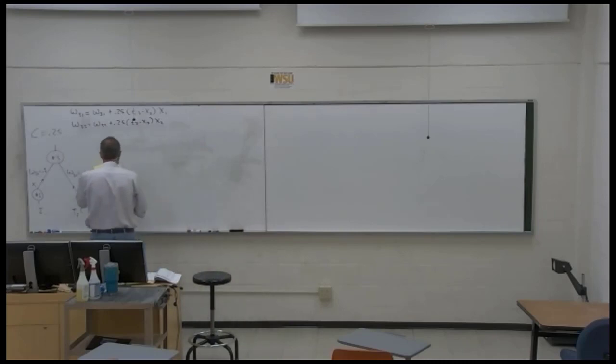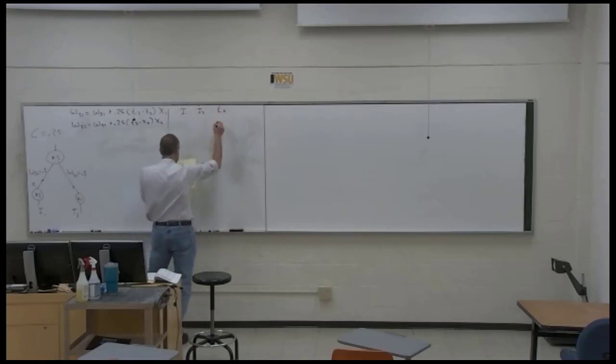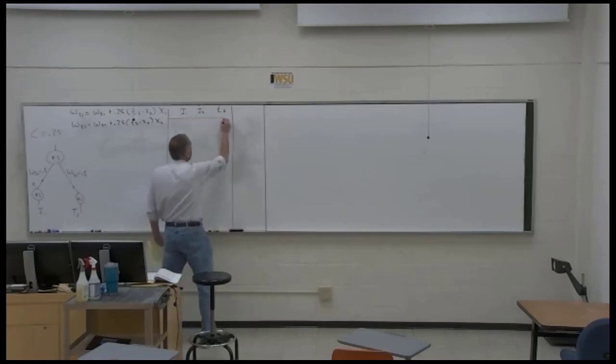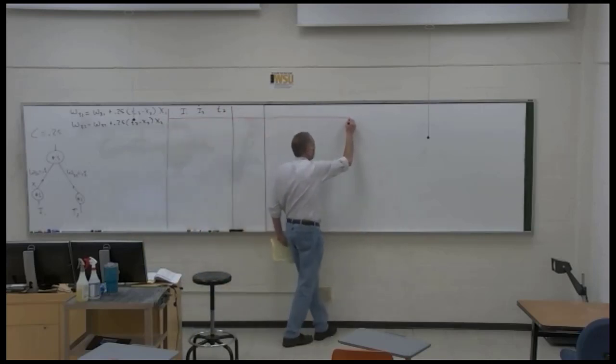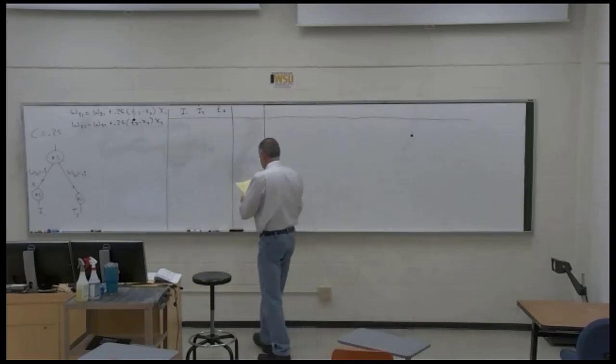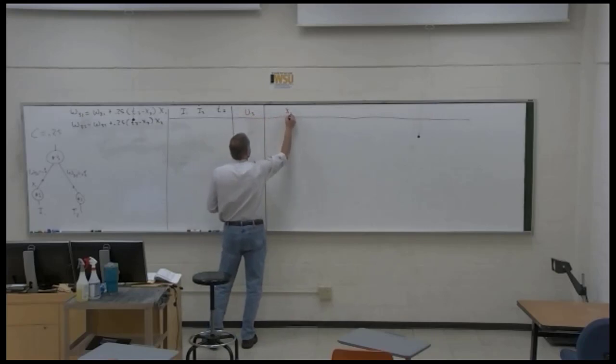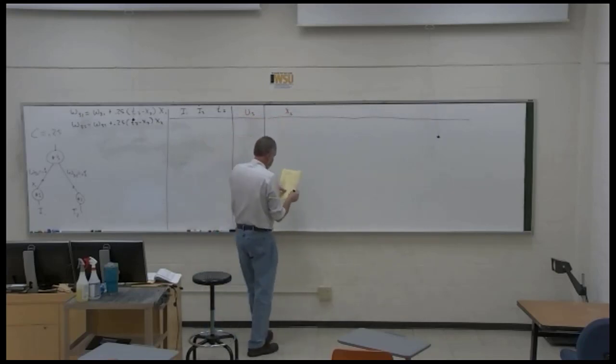All right, so create a big giant table here. We'll have room here. We're going to have the input. We're going to list the target. And then we're going to calculate U3. We're going to calculate X3. We're going to calculate this error.